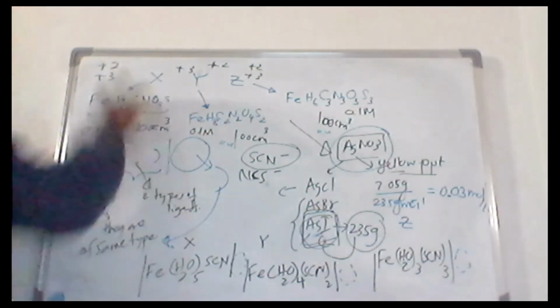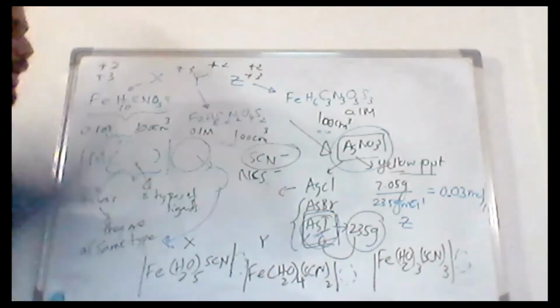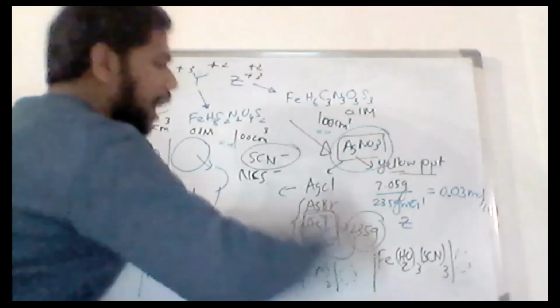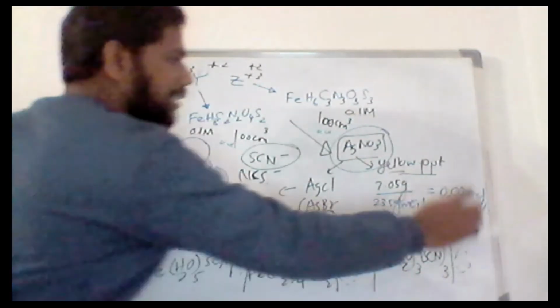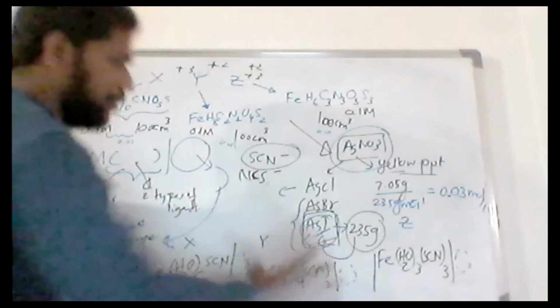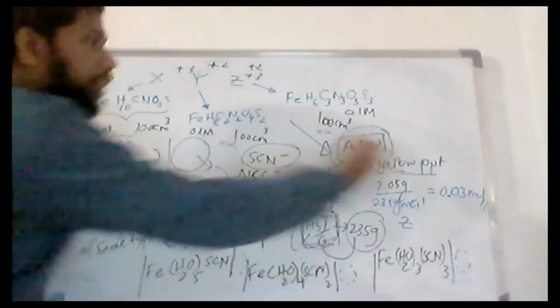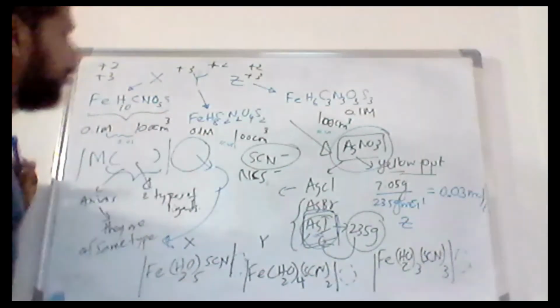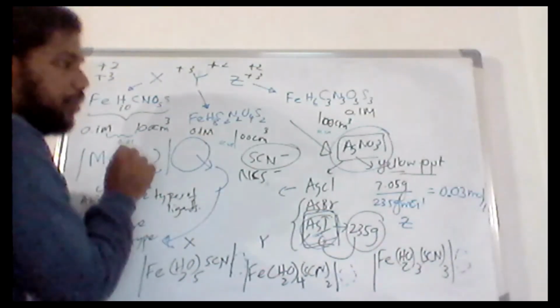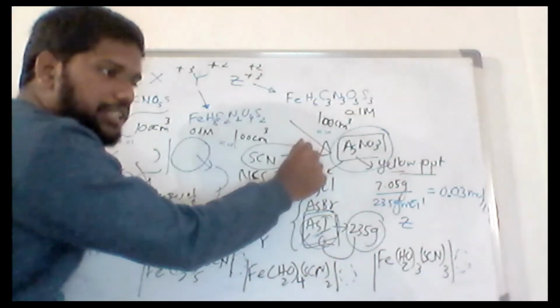Now think, you have 0.01, 0.01, 0.01, and you have iodide minus that is given from each of these structures. The total amount is 0.03. So this 0.03 can be from 0.01 mole from this, 0.01 mole from this, 0.01 mole of this.